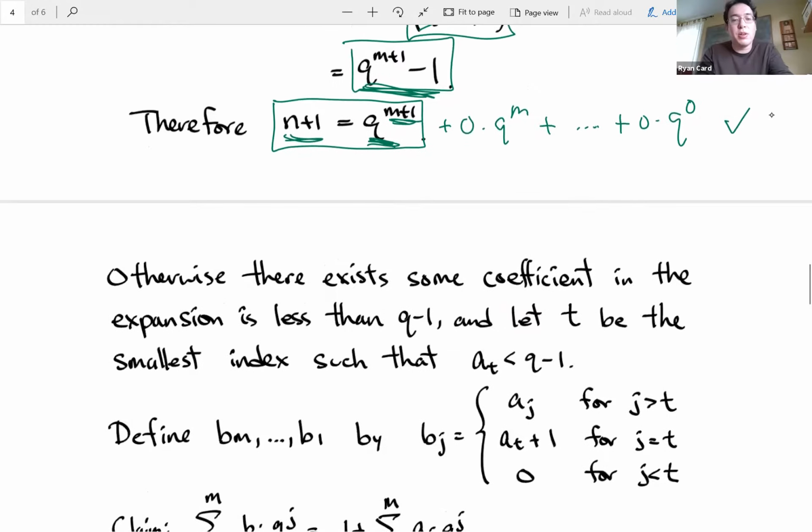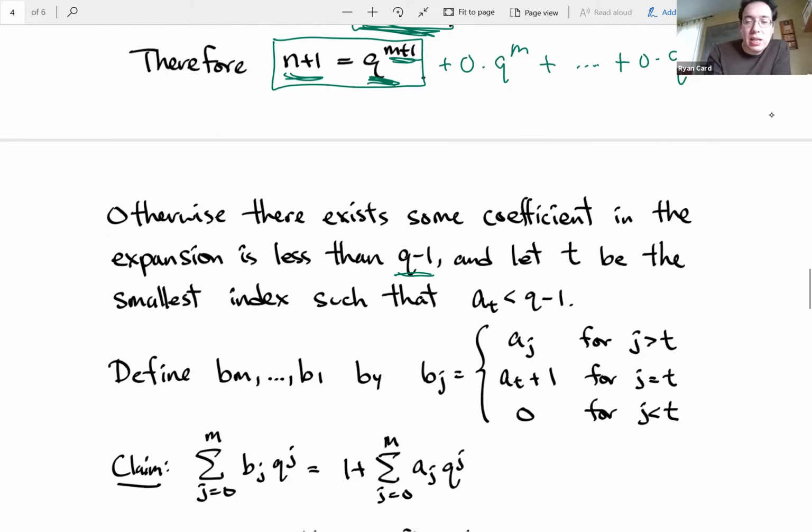So if that wasn't the case, then there's just some coefficient in the expansion that is less than q minus 1. So that was a special case where everything was 99999. If it wasn't that, then there was some digit that's smaller than that. So let's say t is the smallest index, the closest to the ones digit, where the coefficient is less than the maximum coefficient you can have.